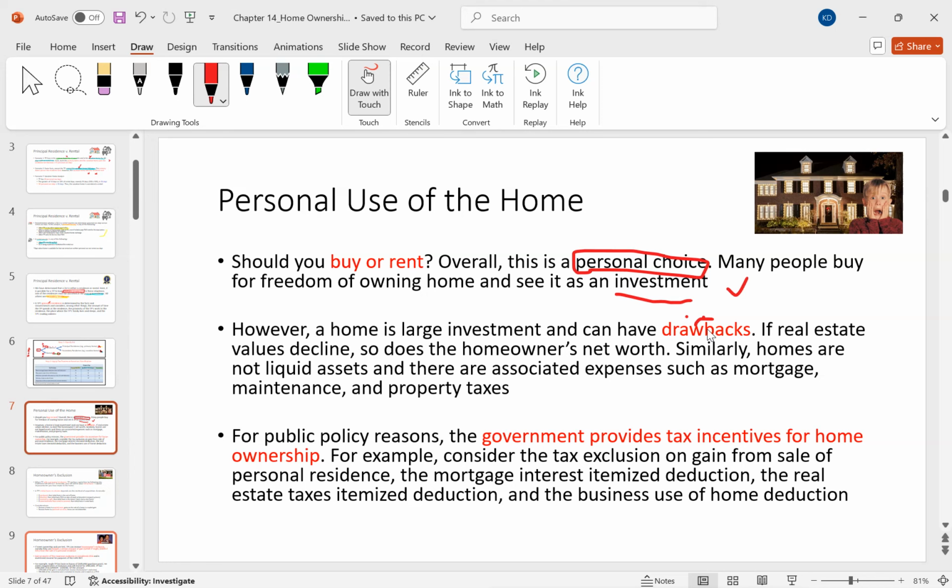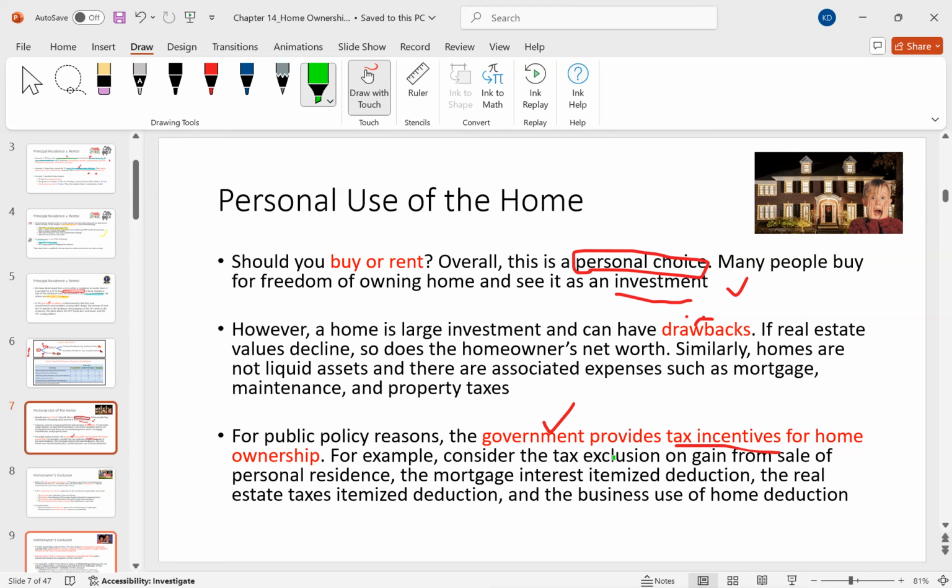Overall, from a public policy standpoint, right, they want people to buy homes. It's part of a good economy. It's part of the American dream. So theoretically, the government is going to provide different tax incentives for you to own a home.